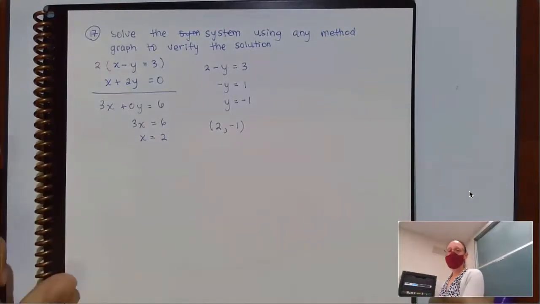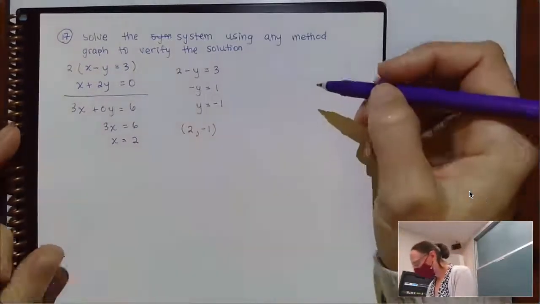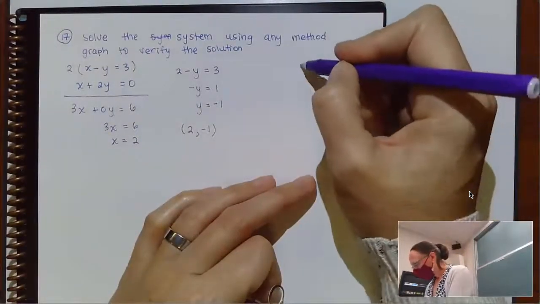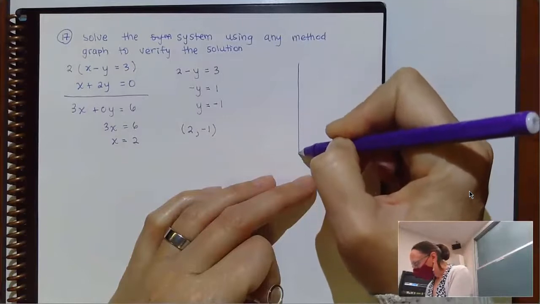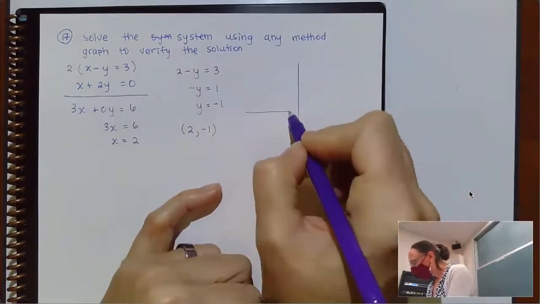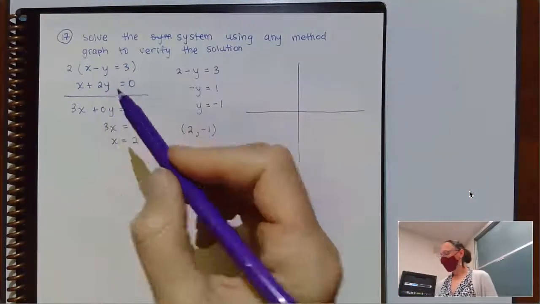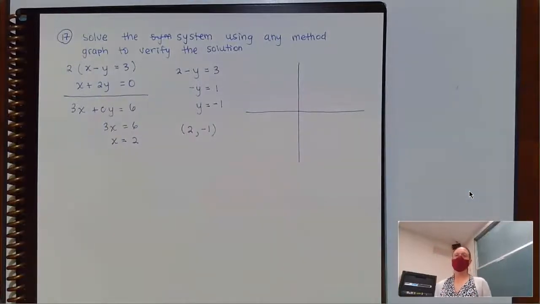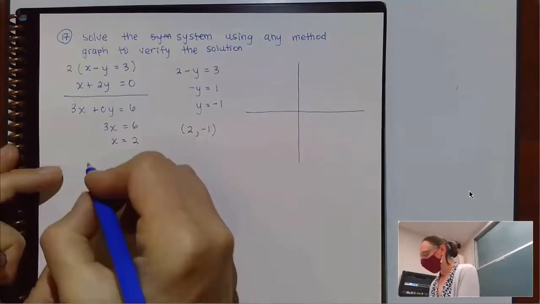Now graphing it to verify the solution. The solution should be the place where the 2 lines intersect. So if I look at the top line, x minus y is equal to 3.